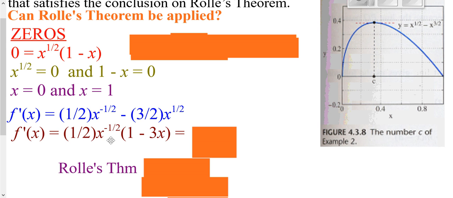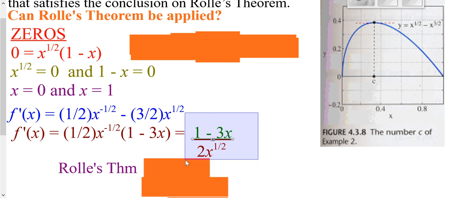Because remember, if you would distribute this through, x to the power times x to the power, you'd have to add these exponents. So negative 1/2 plus what exponent here would be 1/2, and that's an exponent of 1. So in front here, this negative exponent would go down. The 1/2 would cause a 2 to be in the bottom. So this would be our derivative.